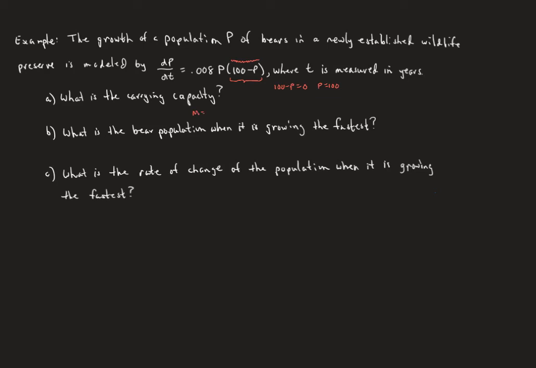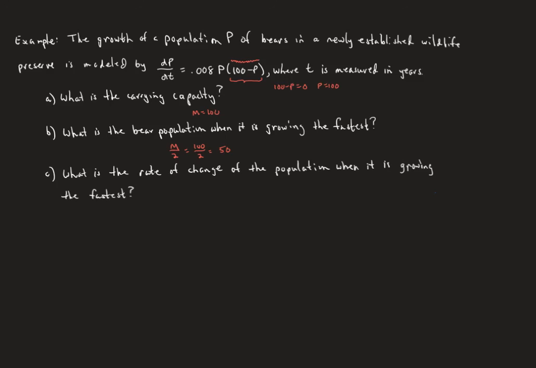So that M is going to be 100 bears in this case. What is the bear population when the population is growing its fastest? That's always going to be at half of the carrying capacity. And so in our case, that's going to be when the population of the bears reaches 50. It will be growing its fastest.